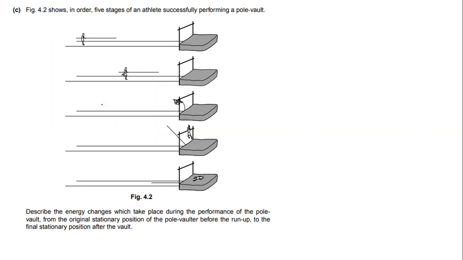The figure shows in order five stages of an athlete performing a pole vault. Describe the energy changes that take place during the performance of the pole vault, from the original stationary position of the pole vaulter before, up to the final stationary position after the vault. So you start from here, then you run, then keep your pole here, then you jump and land onto the bed here.